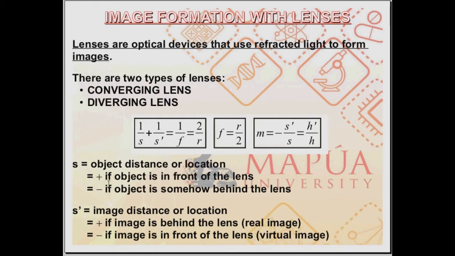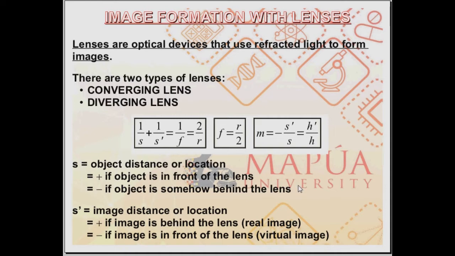There are some differences, particularly in terms of the sign convention for our variables. s is still the object distance, or location of the object with respect to the lens. And as usual, the object is typically in front of the lens, just like in mirrors. So s is positive if the object is in front of the lens, and negative if the object is somehow behind the lens.